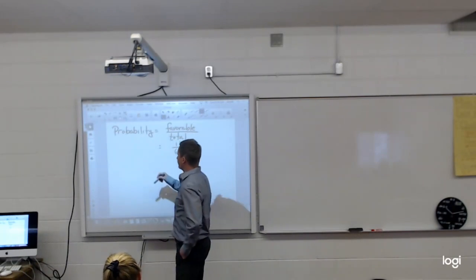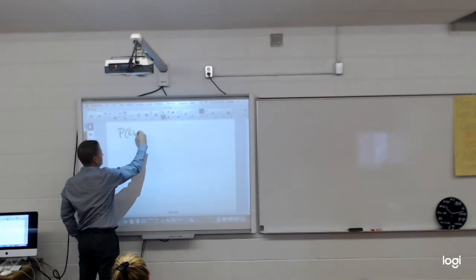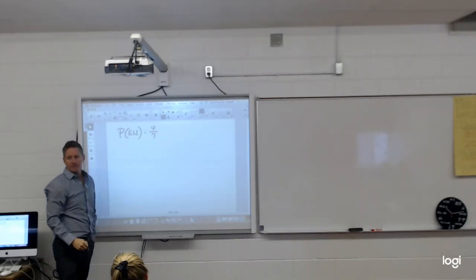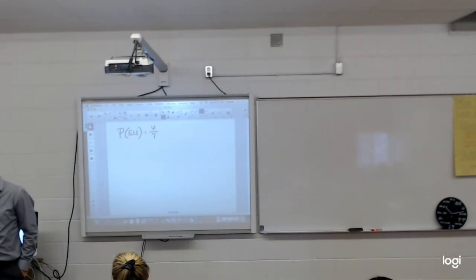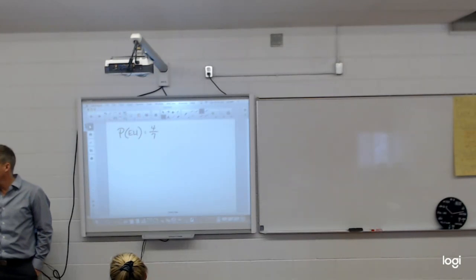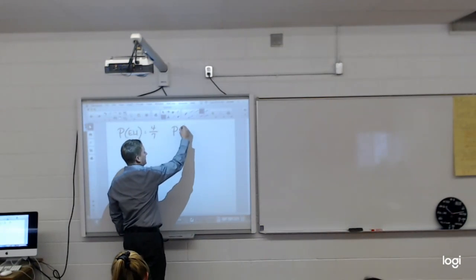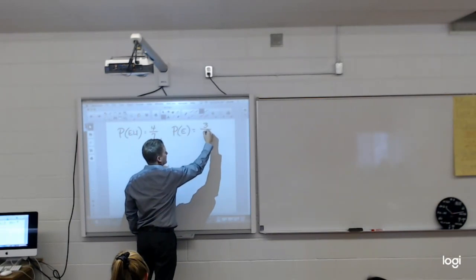Okay, so what's the probability that Eli wins this? 4 out of 7. So the probability that Eli wins it is 4 out of 7, because there's 4 blue bracelets. Okay? The probability that Eloise wins then is 3 out of 7.